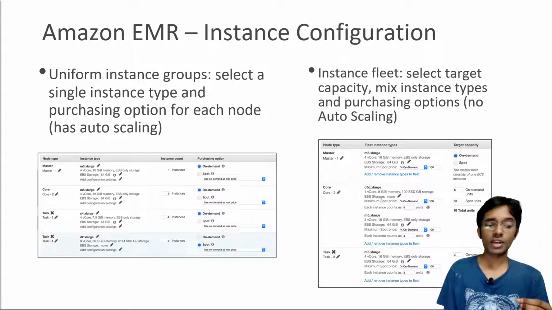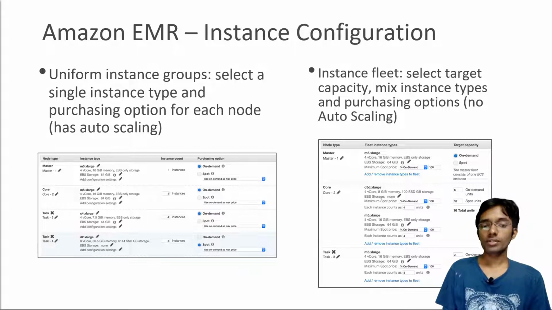So in this example, you say, okay, the master needs to be on demand or spot, the core I want to be on demand or spot, and the task nodes I want, for example, c4.xlarge, d2.xlarge, that kind of thing. And you say on demand or spot. So this is very helpful, and it's called a uniform instance group.